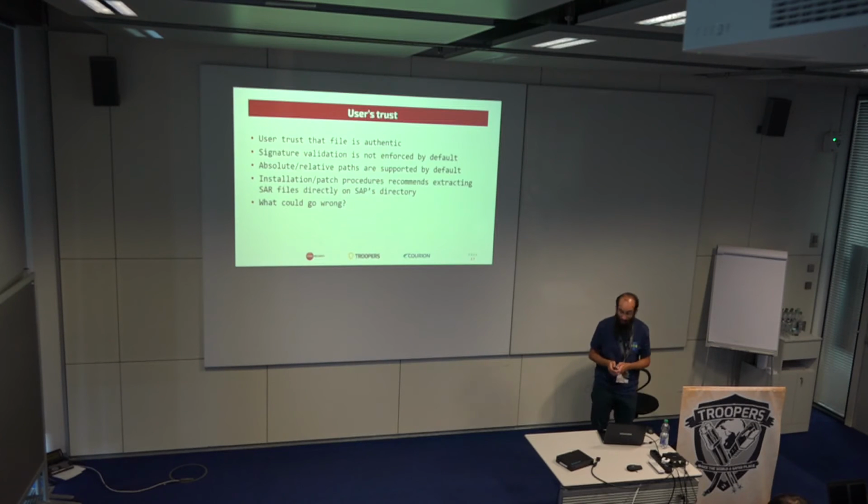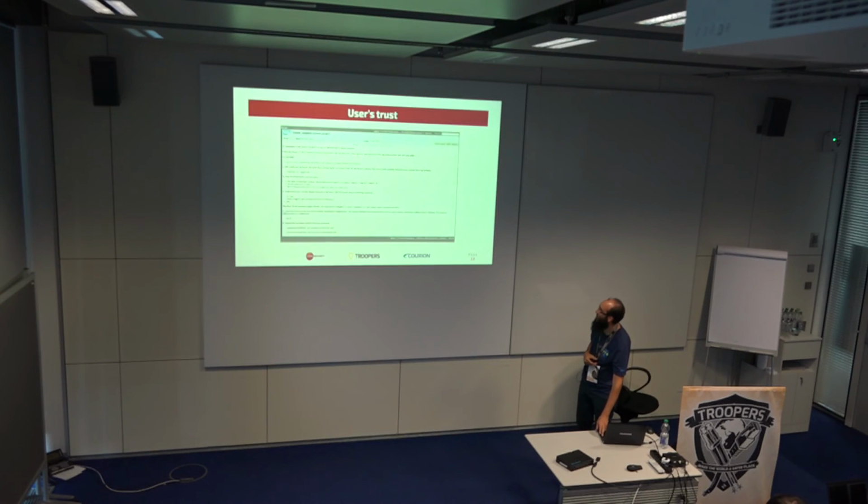And also, the installation and patch procedures that SAP provides on their website and in their documentation recommend extracting SAR files directly in the SAP directory, for example, in the kernel directory, which is something that actually happens.